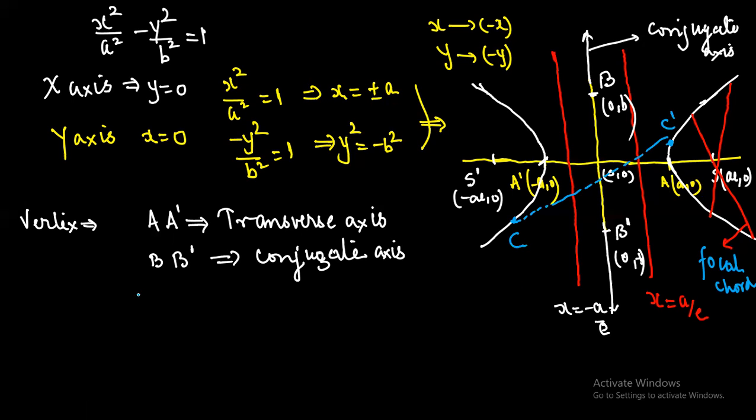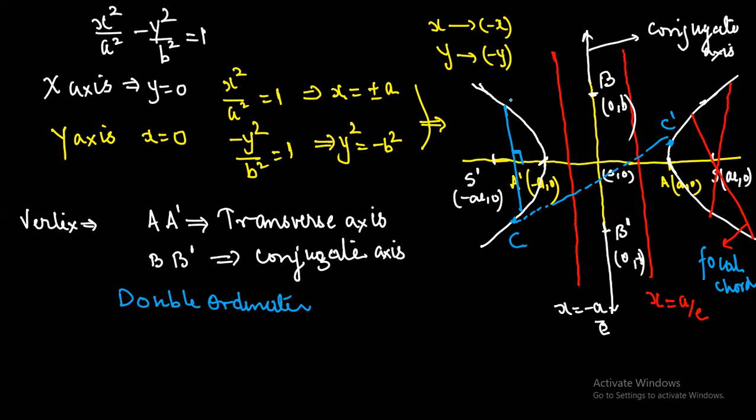What is a double ordinate? A double ordinate means a chord perpendicular to the axis, and when we say axis, we mean the transverse axis.